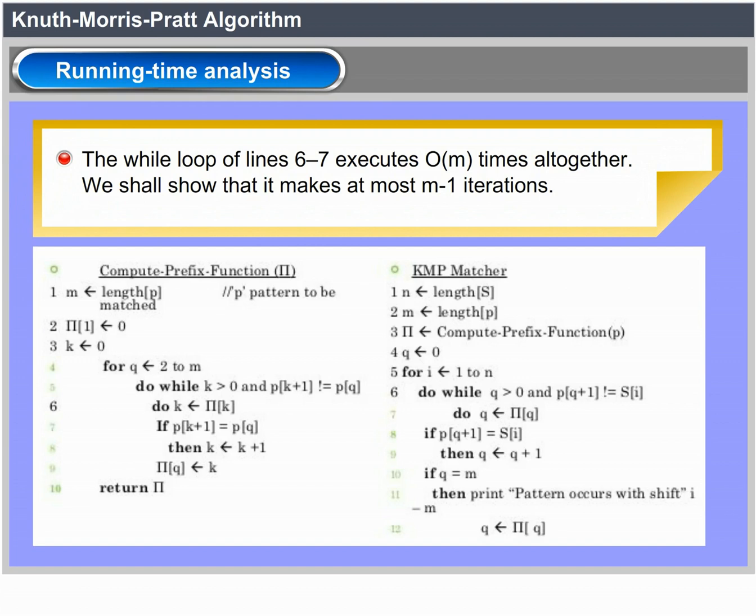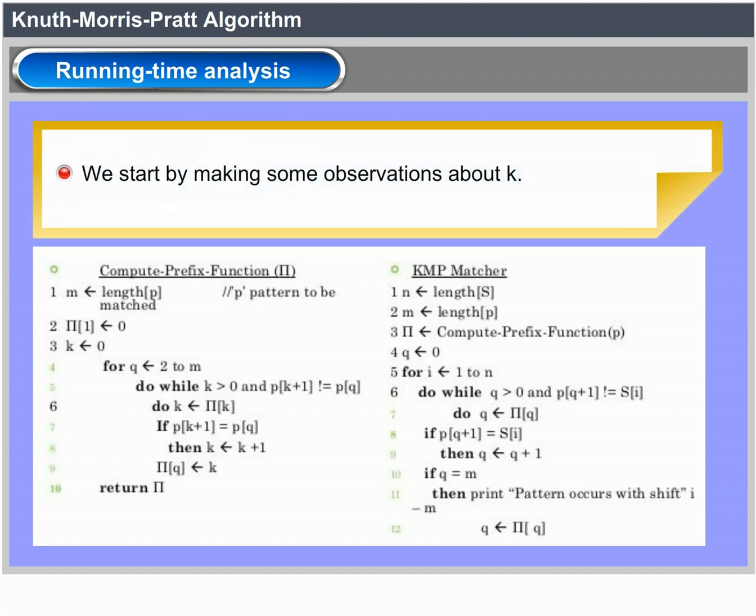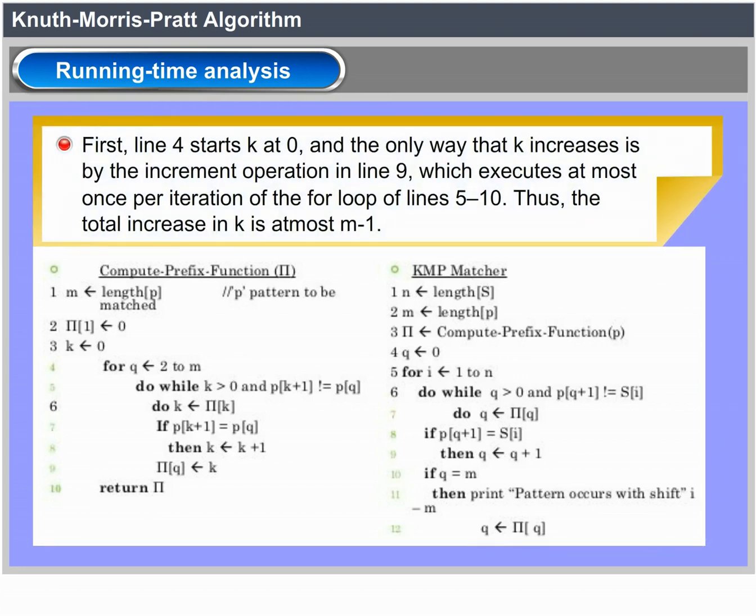We start by making some observations about k. First, line 4 starts k at 0, and the only way that k increases is by the increment operation in line 9, which executes at most once per iteration of the for loop of lines 5 to 10. Thus, the total increase in k is at most m-1.